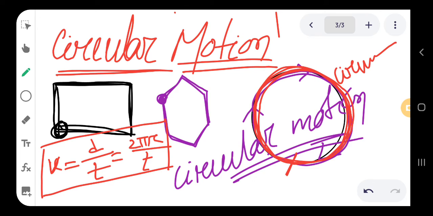If you carefully note, on being released, the stone moves along a straight line tangential to the circular path. Let me show you this, you can't imagine that.